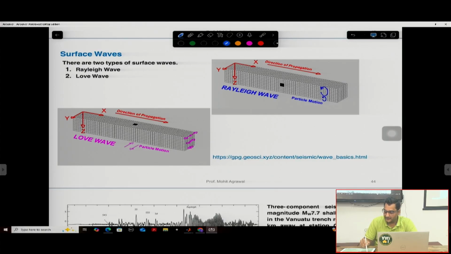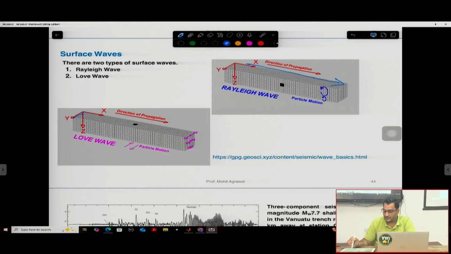The Rayleigh wave is traveling in the x direction, and the particle motion is confined in the xz plane. You can consider the screen as the xz plane, and perpendicular to it is the y direction. Along the plane of the screen, the particle moves in retrograde elliptical motion.